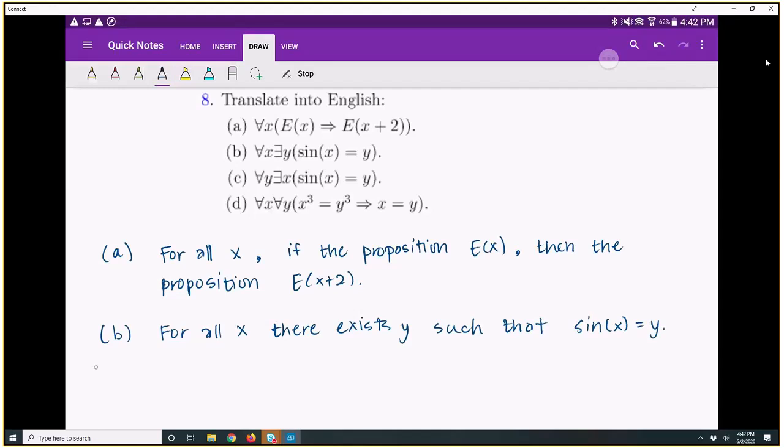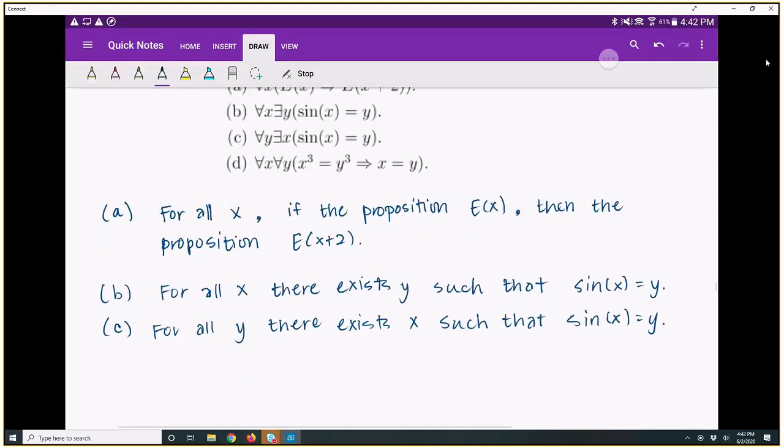On the other hand, C says for all y, there exists x such that sine of x equals y. And these are different statements.